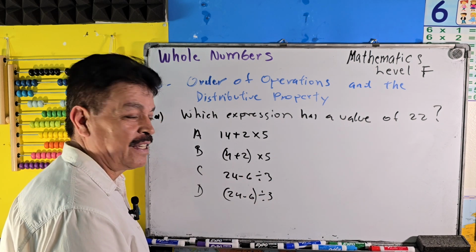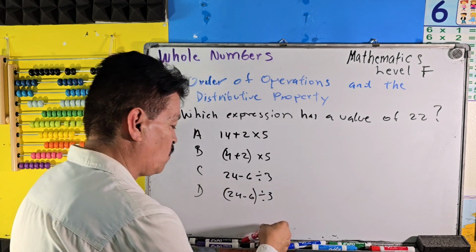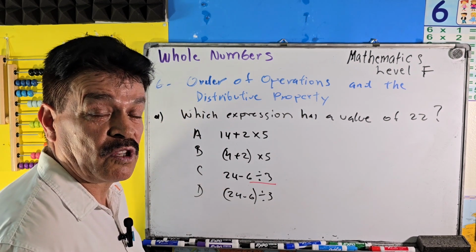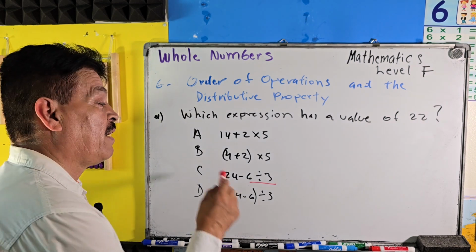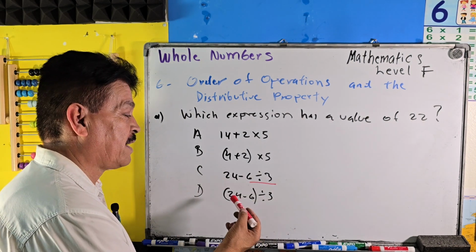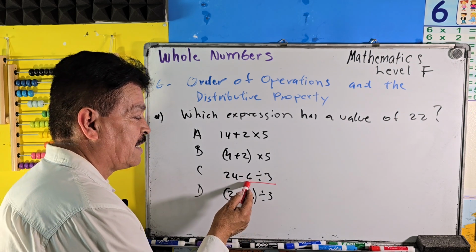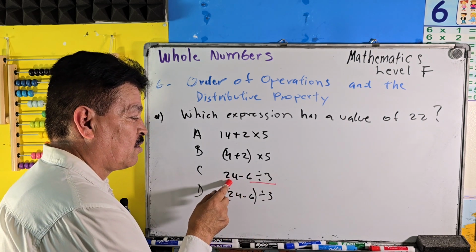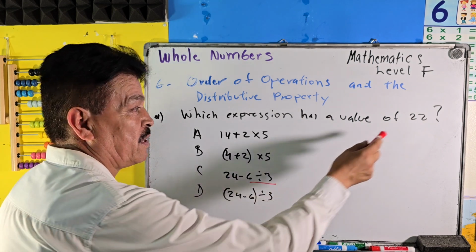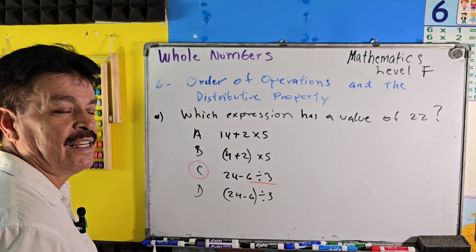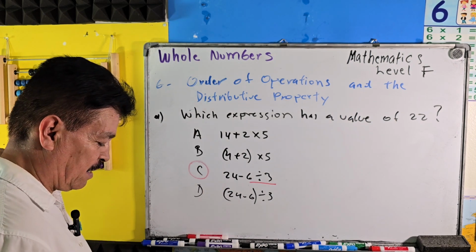You must solve this first. Remember, multiply or divide from left to right, and the last step is add or subtract. So first, 6 divided by 3 is 2. 24 minus 2 is 22. So it is the right answer. We have to remember the rules.